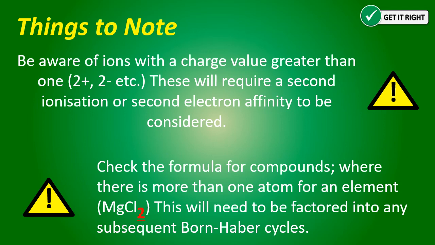But if you do that, it would produce 2 moles of chlorine atoms. And that's obviously double the quantity that's stated in the definition for the enthalpy of atomization. So you're not producing 1 mole, you're producing 2. So the value that you put in is going to be twice the enthalpy of atomization.